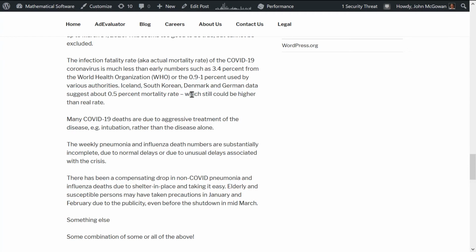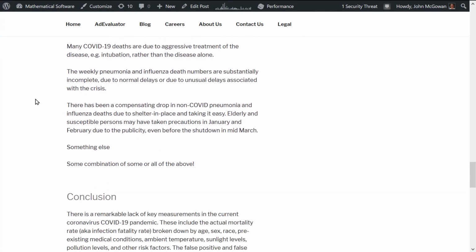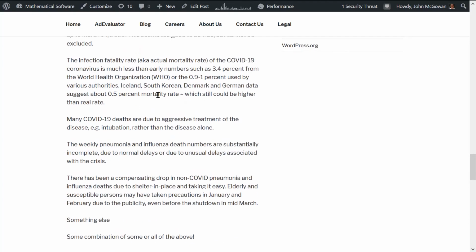Iceland, South Korean, Denmark data, and German data suggest about 0.5% mortality, which could still be higher than the real rate. So there's no completely randomized population sampling that I can find that would tell you the actual infection fatality rate or mortality rate. But some of these, like the Iceland data, involve volunteers and sort of semi-random testing, so they probably have a more accurate picture of the asymptomatic people, for example.